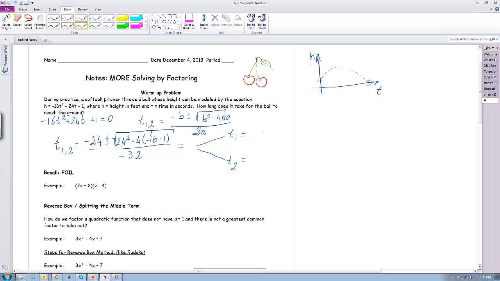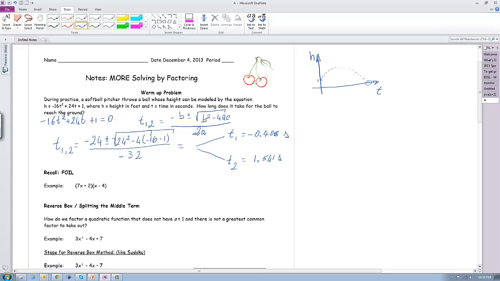I'm going to do this in my calculator, and what I find is that t1, one of the solutions, is negative 0.6, and the other one is 1.541 seconds.